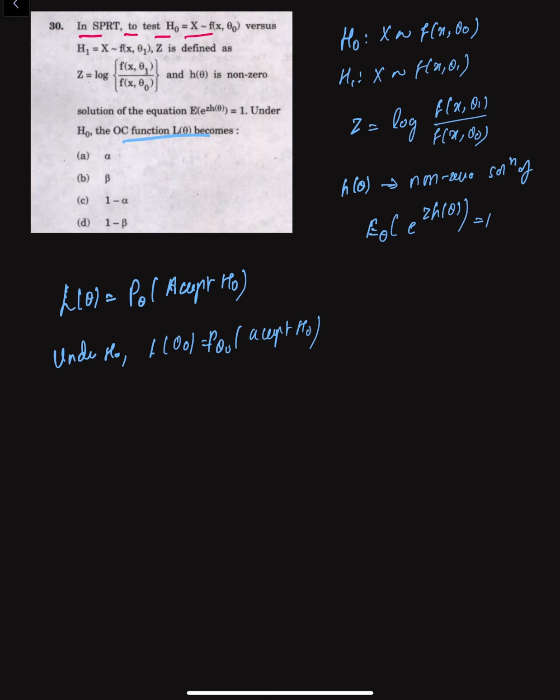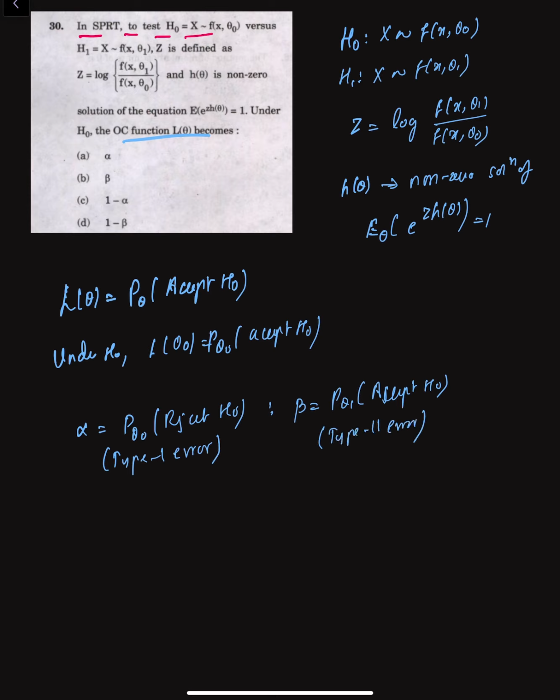And in SPRT, we have alpha equal to the probability under θ0 of rejecting H0, and beta the probability under θ1 of accepting H0. So this is our type 1 error, and this beta is nothing but our type 2 error. So the probability under θ0 of accepting H0 is nothing but 1 minus alpha.